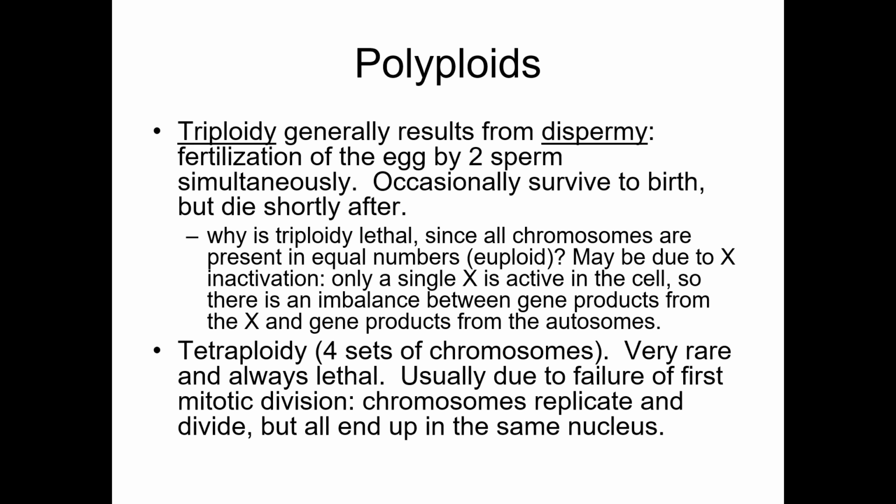But by some means, if there is a fertilization of the egg by 2 sperms simultaneously, even if they survive to birth, most of the time they die shortly after that. Most of the conditions, this triploidy is lethal. It will kill.